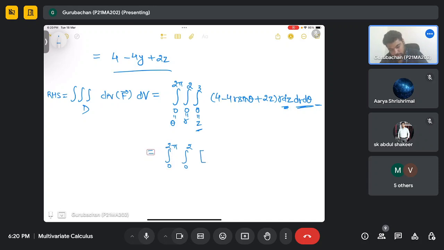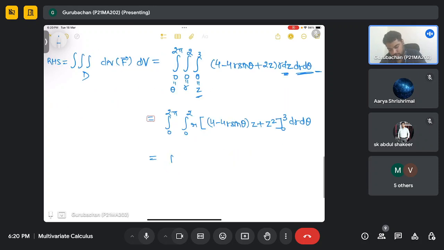So this will be 4 minus 4 sin theta, times r outside, times z plus z² from 0 to 3, dr d theta.